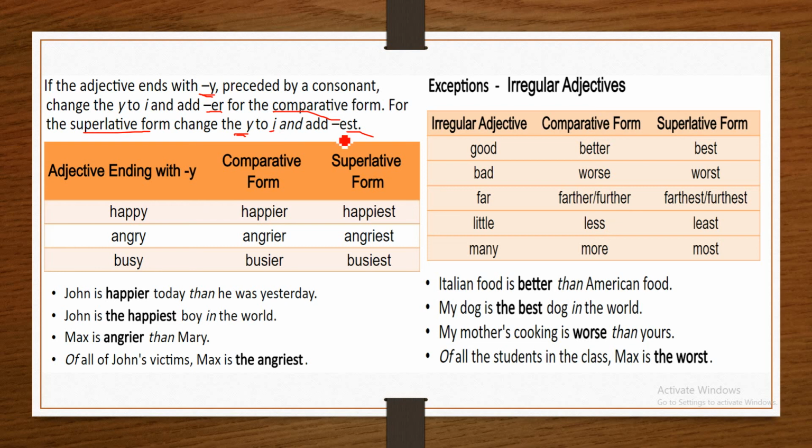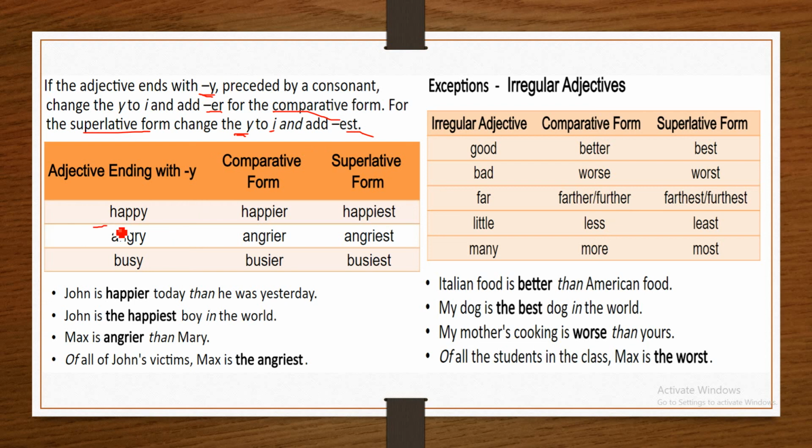Whenever you have an adjective that ends with Y, for the comparative form, you change the Y to I and then add ER to the adjective. But for the superlative form, you change the Y to I, then you add EST.